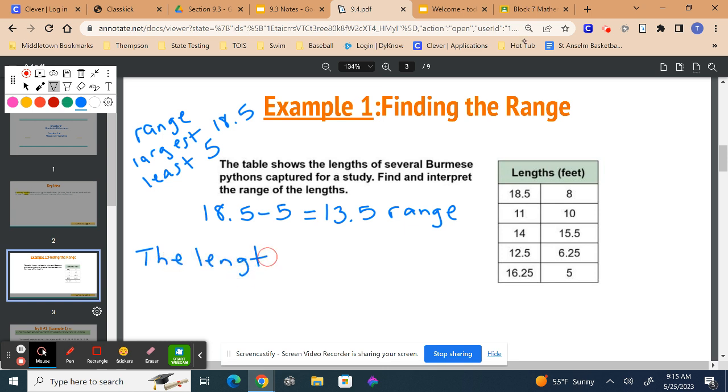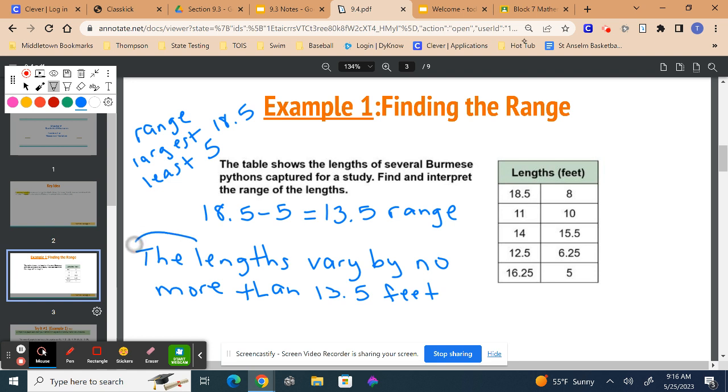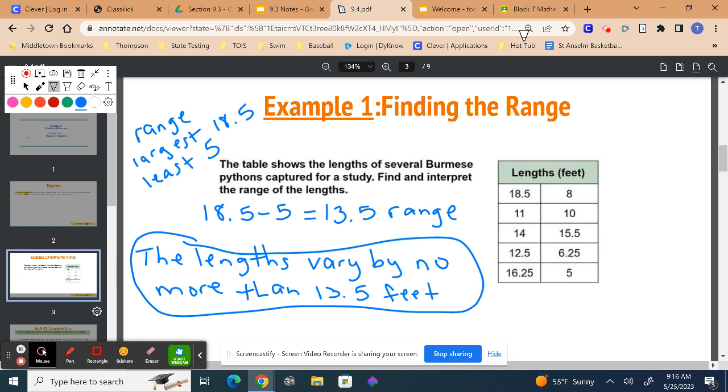This is how you know they're talking about variation. And that's what you're looking for. This is your actual answer.